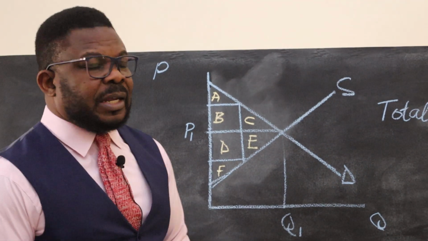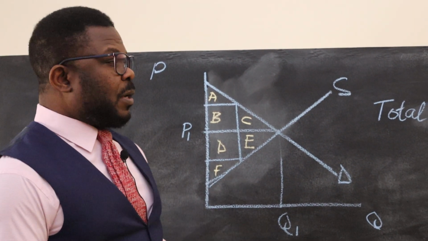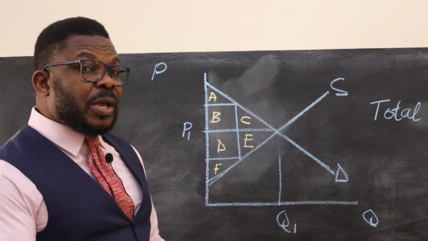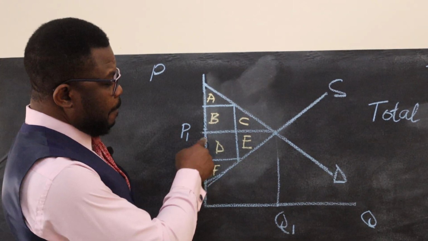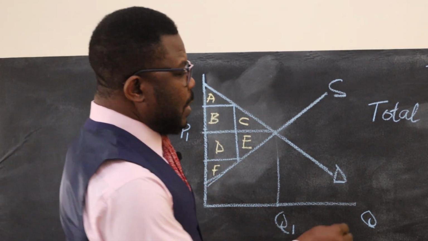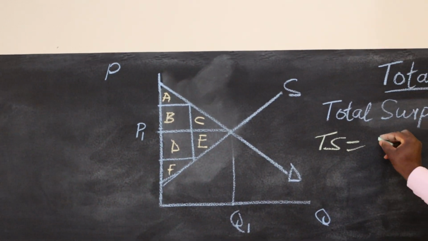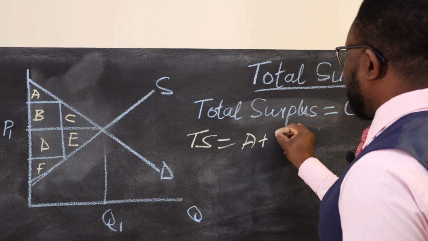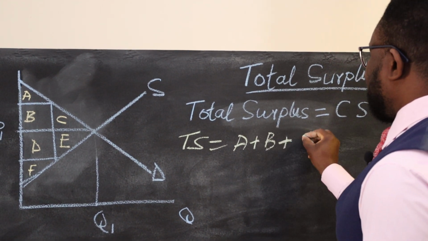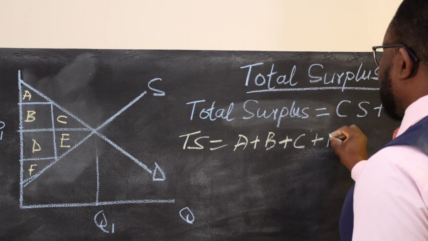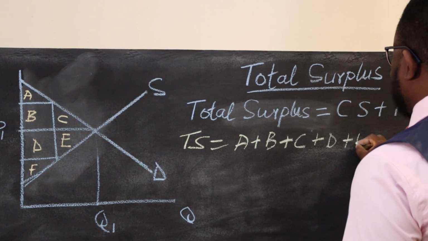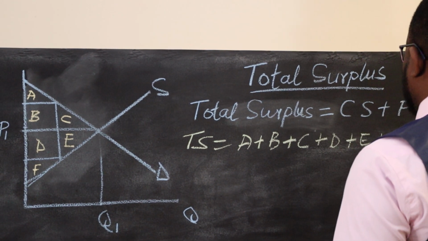So for this one, if you were asked to indicate what the total surplus is, all you have to do is to put all these numbers here, because that's your total surplus. So our total surplus, TS, will be A plus B plus C plus D plus E plus F.